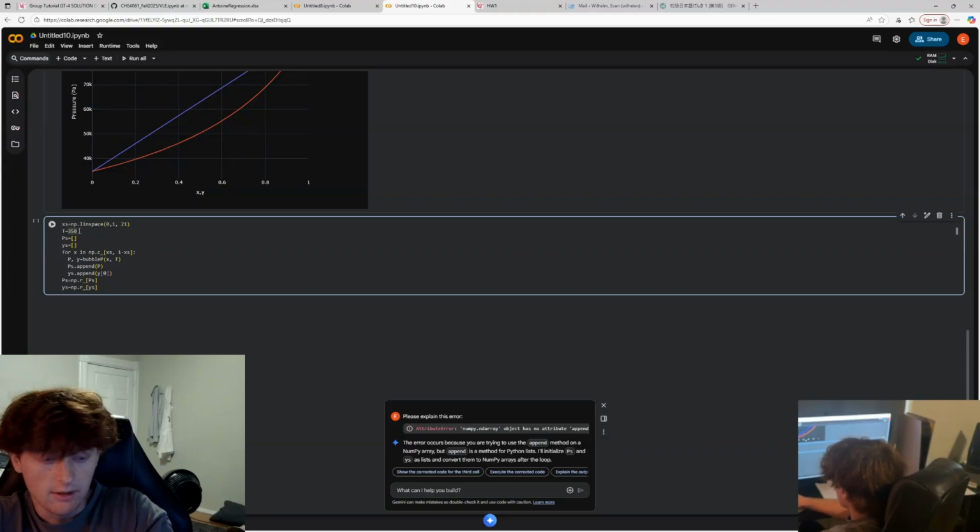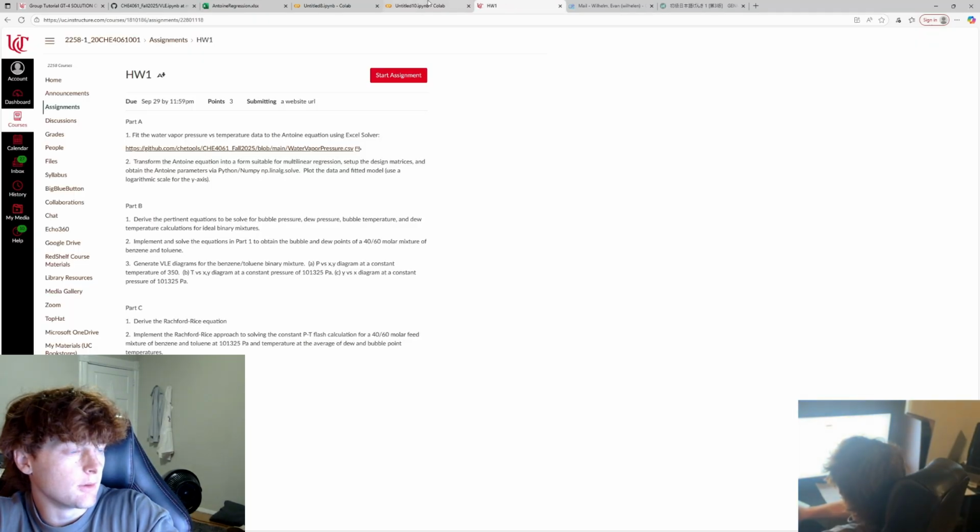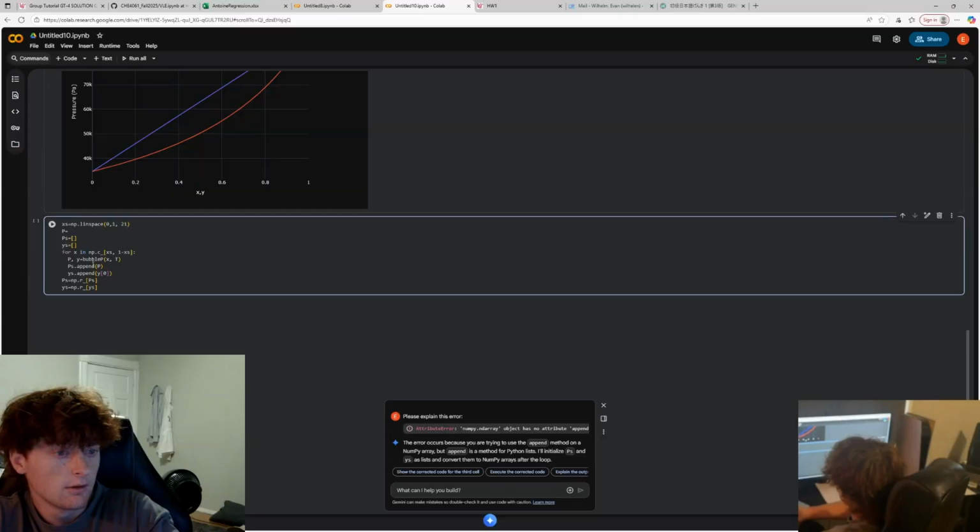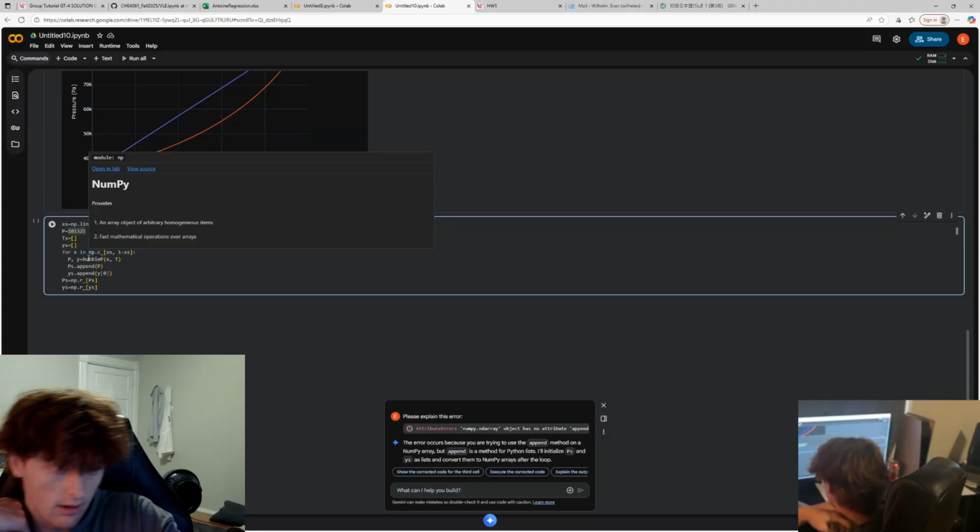So instead of our temperature being 350, our pressure is going to equal, what was it, 101,325. So 101,325, and then we'll still have our, well, we actually need our temperatures here, and then our y-axis are fine, our x1s are fine because we still want those concentrations there.